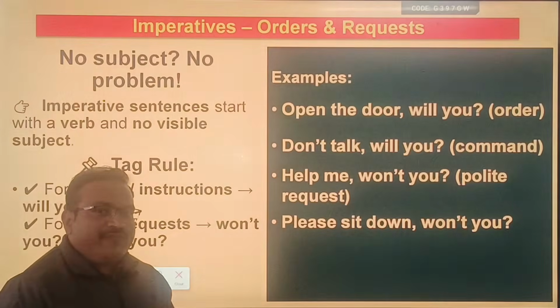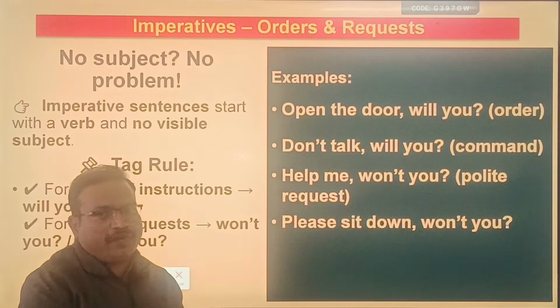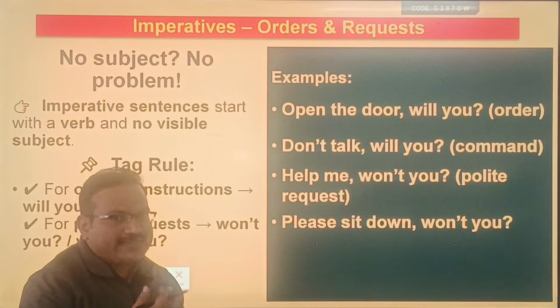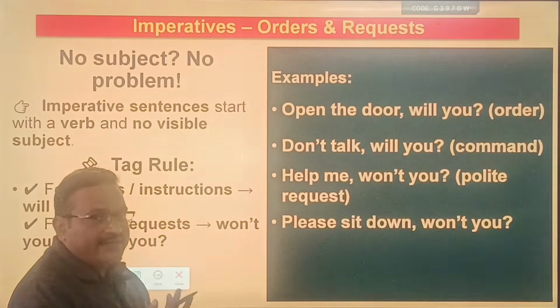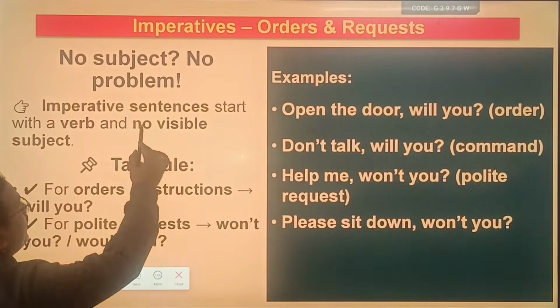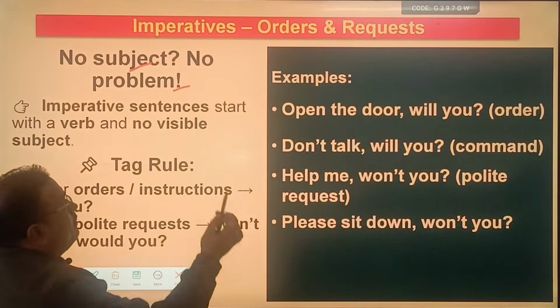Now friends, so far we have discussed the basic rules of a question tag. Now we are going to discuss some exceptions, some tricky rules. Let us take the first one. No subject, no problem.